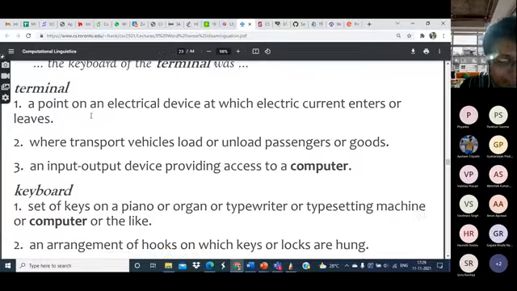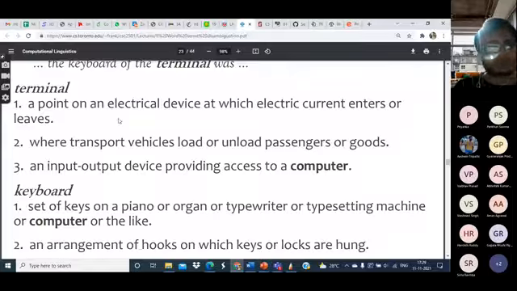Keyboard can have at least three different meanings. One meaning of a keyboard is the keyboard of a computer. The second meaning is the keyboard as a musical instrument. The third can be a board from which keys are hung.